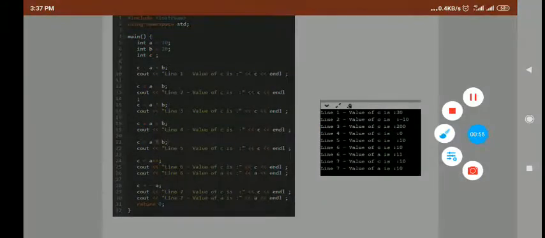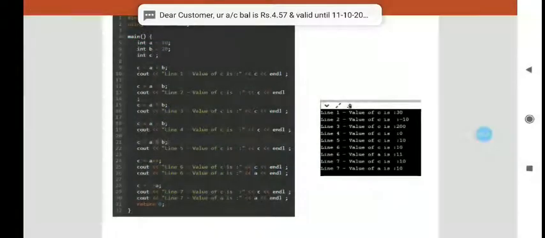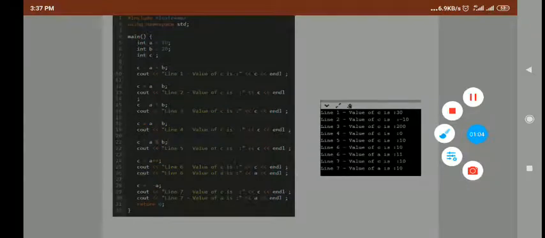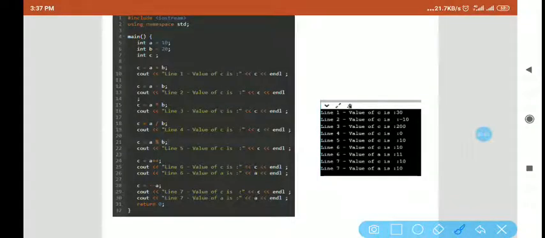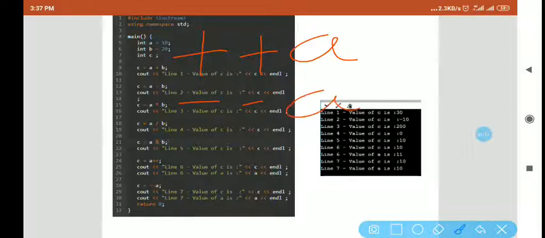In increment and decrement, there are four categories. First, pre increment. Then this is the pre decrement. Then this is the post increment, and this is the post decrement.